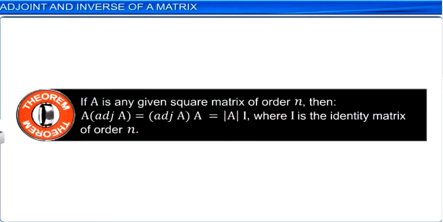Let us now prove an important theorem on the adjoint of a matrix. The theorem states that if A is any given square matrix of order n, then A into adjoint of A is equal to adjoint of A into A, which is equal to determinant of A into I, where I is the identity matrix of order n.